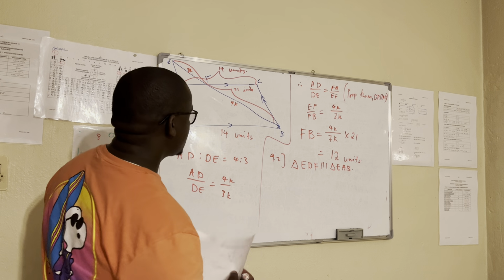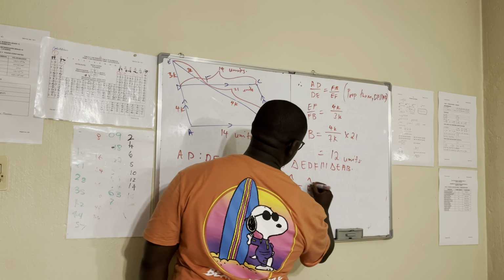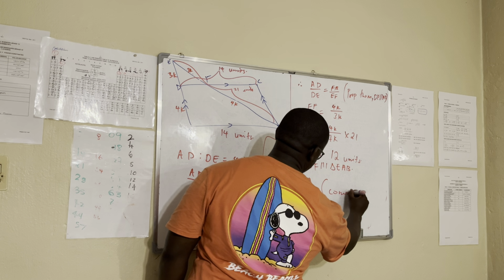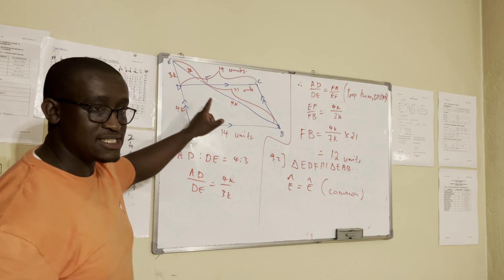We can start by saying angle E is equal to angle E. Reason: common angle for both triangles.